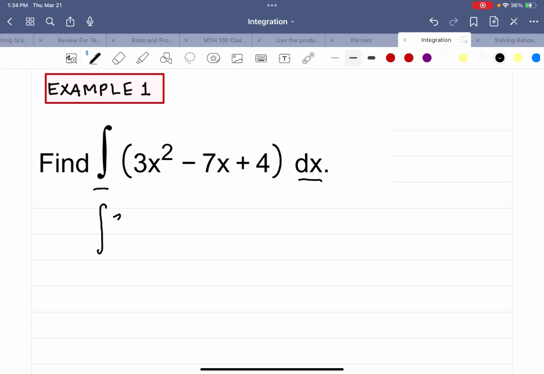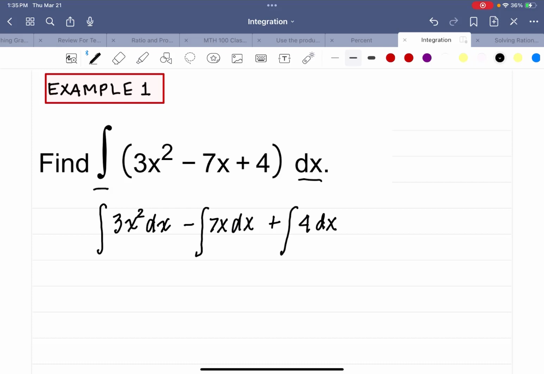So the integral of 3x squared dx minus the integral of 7x dx plus the integral of 4 dx. And notice each time I wrote the integral, I wrote that differential, that dx, to say the derivative has been taken, and we're going in the reverse order.